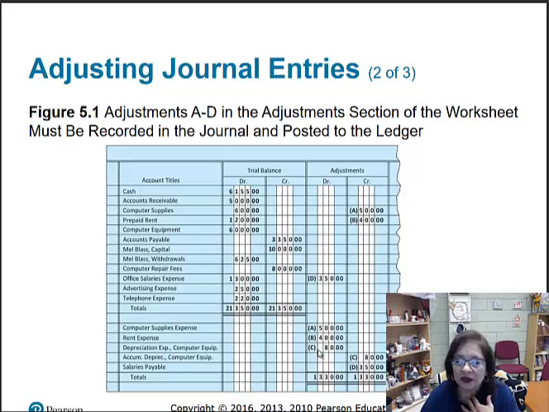So again, showing the rent expense that was not done before finishing up our trial balance. Adding these entries of depreciation and accumulated depreciation because it was forgotten. A salaries payable that was forgotten to be added.